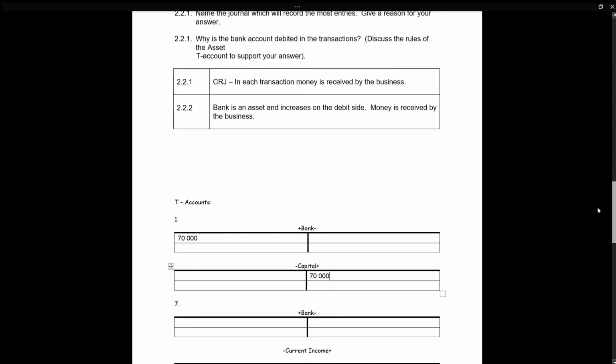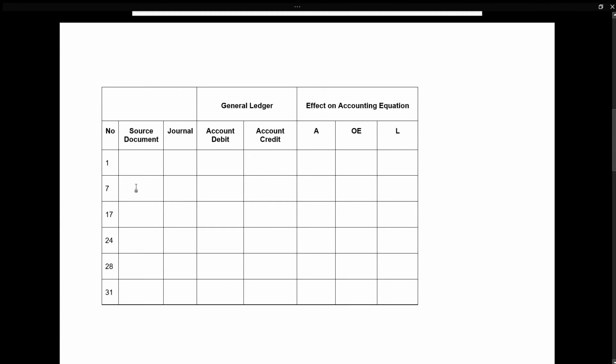Right, so bank will increase because we're going to put the money in the bank at the end of the day with 70,000 Rand, and my capital will also increase. So bank is being debited and capital is being credited. Let's go and fill this into my accounting equation.